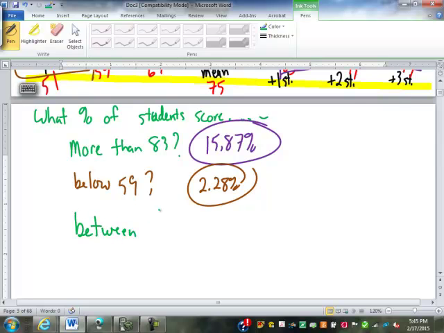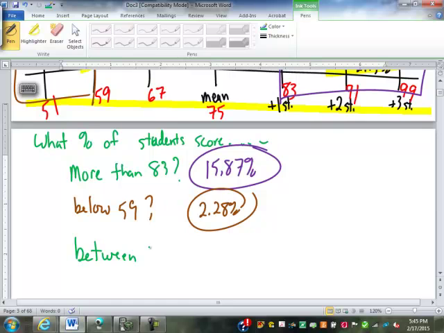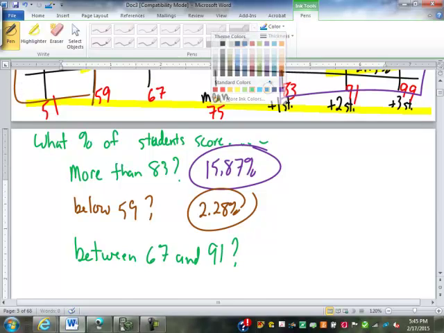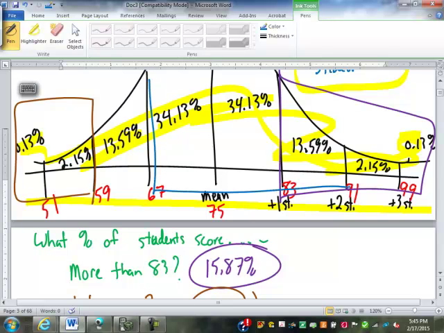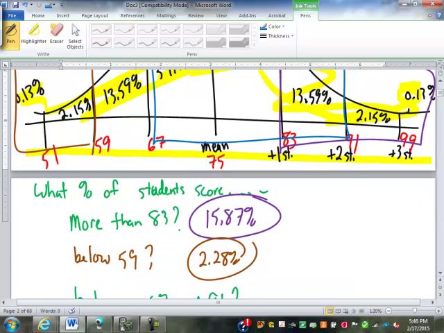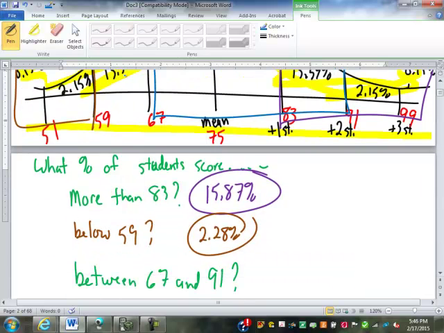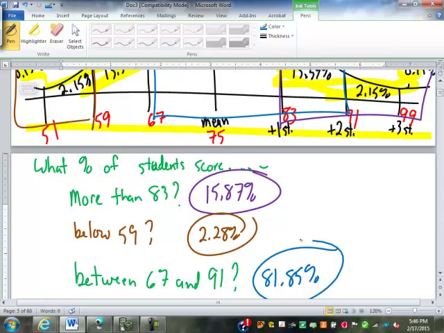What if you want to know what percent you would expect to score between 67 and 91? Well, here's 67, here's 91. We add up those percents, we get, what, 81.85%, I believe, if we add those three up.